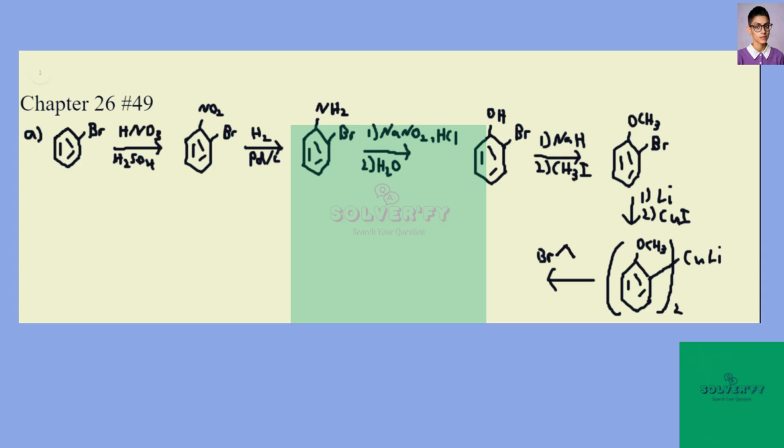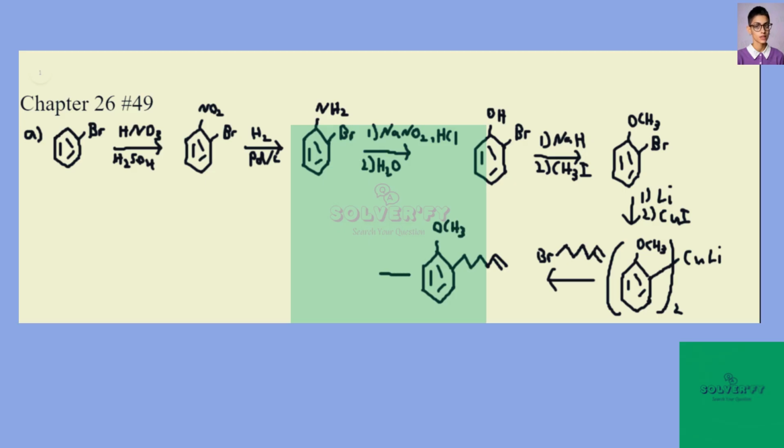So 1, 2, 3, 4, 2, 3, 4, 5, 6 with a double bond here. And so that's going to be our carbon-carbon bond forming reaction from this chapter. One, 2, 3, 4, 5, 6. Okay. And so the last thing that we need to do is hydrate that alkene.